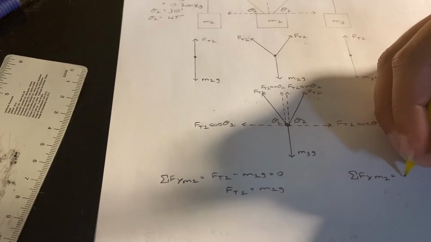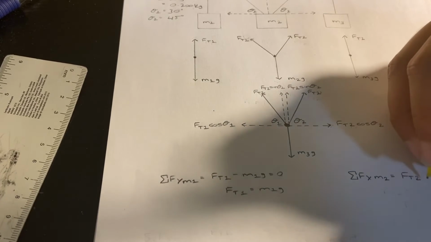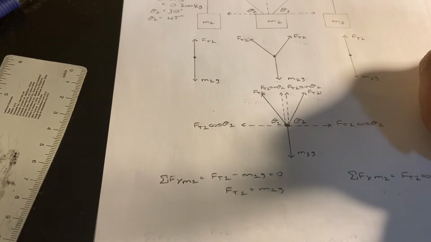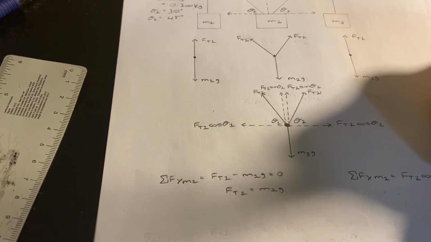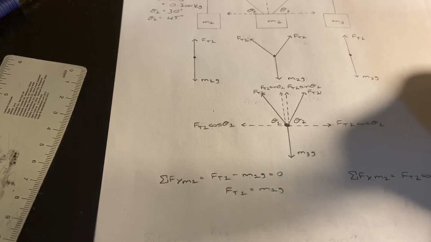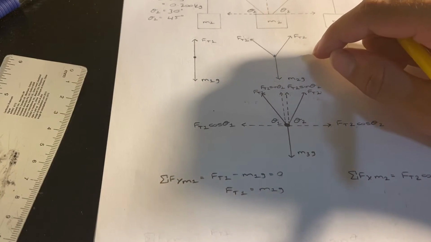So we see that ft2 cosine theta 2 minus ft1 cosine theta 1 will equal 0, because this whole system is in equilibrium.